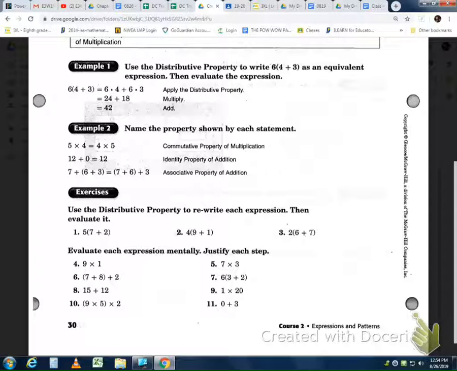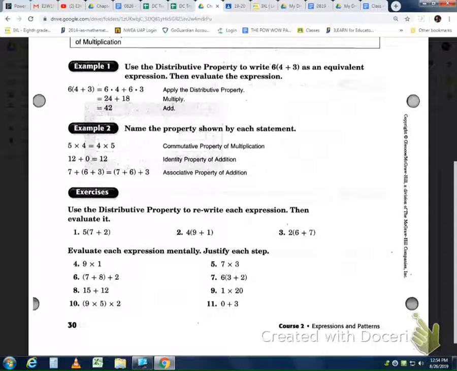So the first one says, use distributive property to write 6 times the quantity 4 plus 3. That's how you say that when there's something in parentheses. 6 times the quantity 4 plus 3 as an equivalent expression, then evaluate.